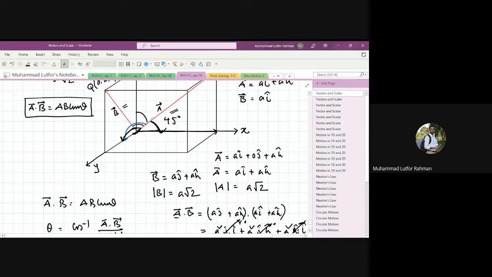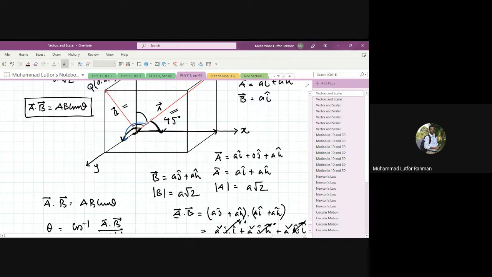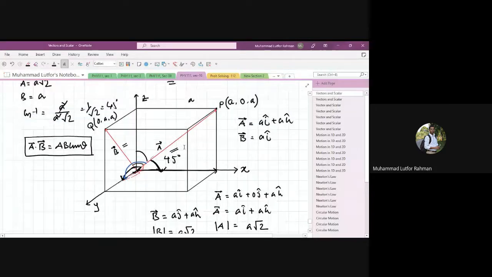I cannot draw that one over here. It's 90 degrees, definitely. If you draw this angle, did you get that one? If I draw that plane, it is the inclined plane passing through that edge.